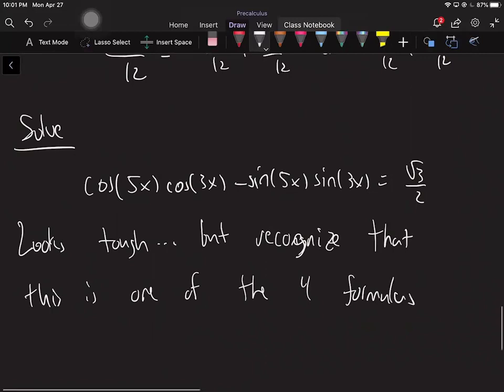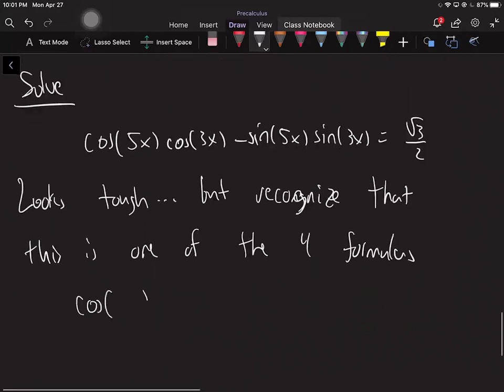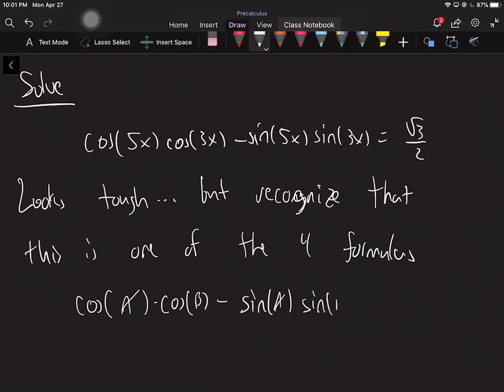Because it's really cosine of some angle times cosine of another angle minus sine of that first angle, alpha, times sine of that second angle. It's really of this form, where what are my two angles? Alpha is 5x and beta is 3x.